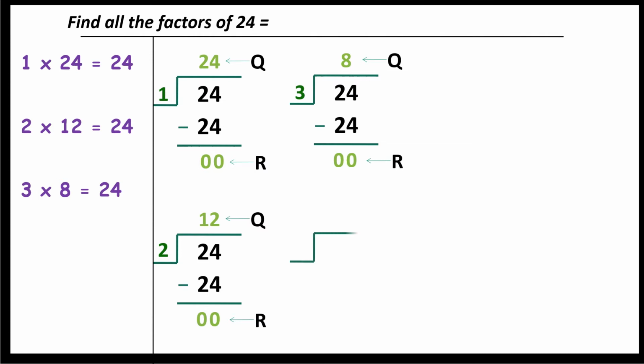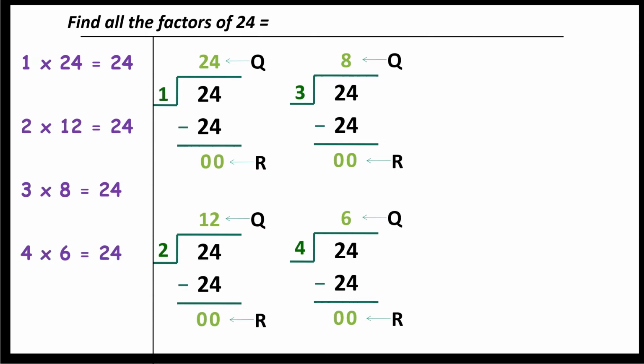Then divide 24 by 4. We get quotient 6 and remainder 0. So 4 is a factor of 24 and write down 4 multiplied by 6 is equal to 24. Then divide 24 by 5. We get quotient 4 and remainder 4. When a number is divided by one of its factors, there is no remainder.